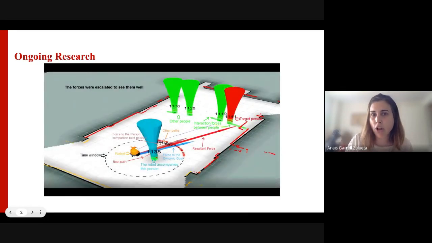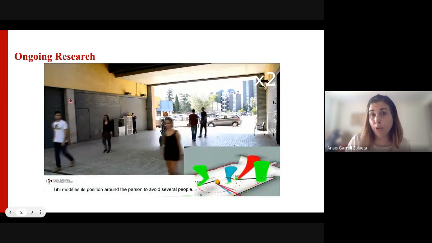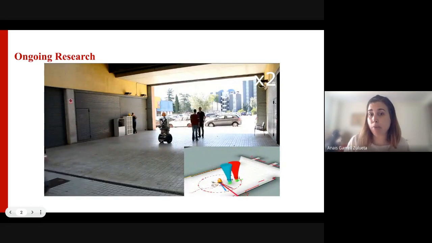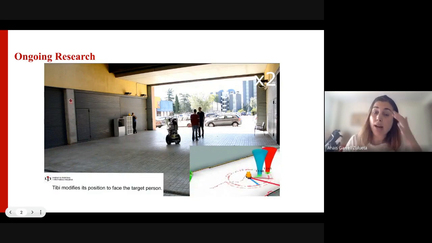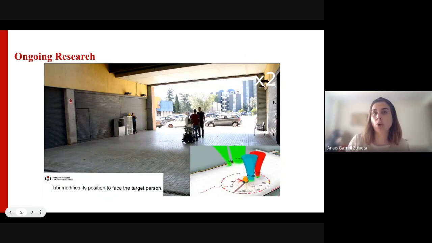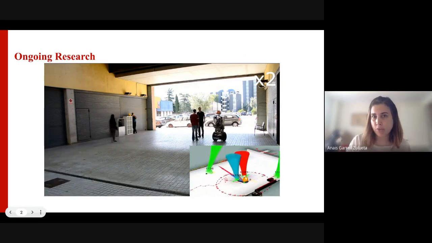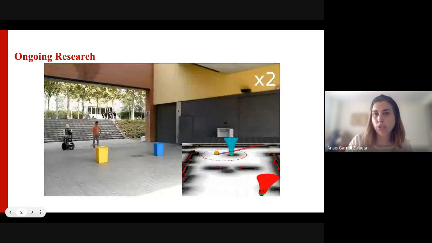I belong to the mobile robotics group. It means that I study how robots should move in different environments. They could be indoors and outdoors, public spaces, or crowded environments. Here the difficulty is that the robot should understand how people move and try to adapt its motion to these pedestrians.